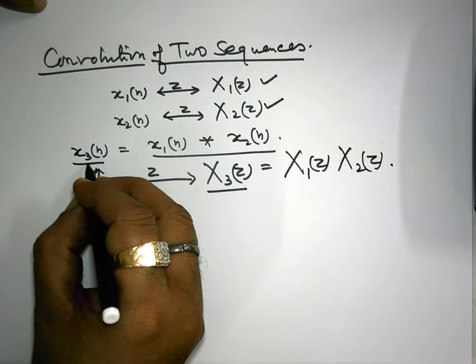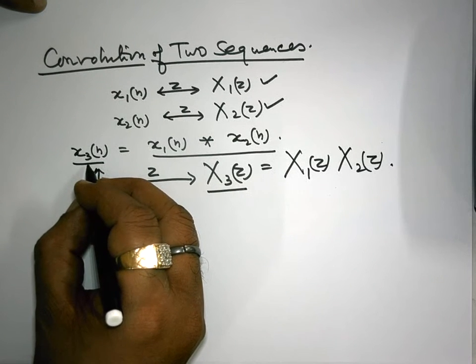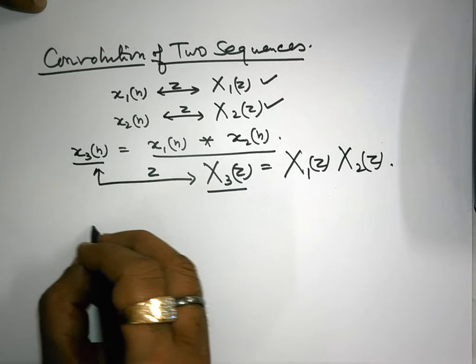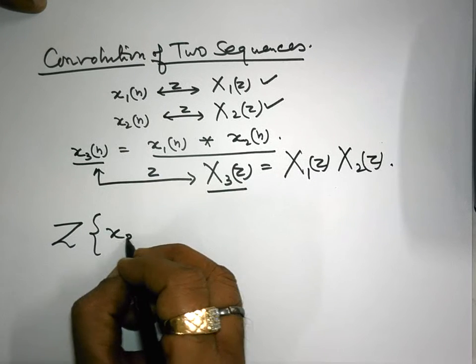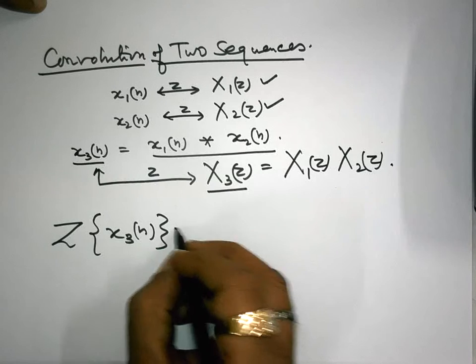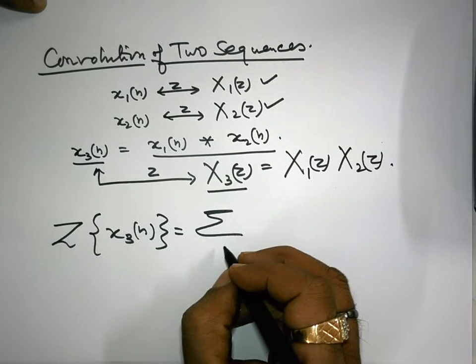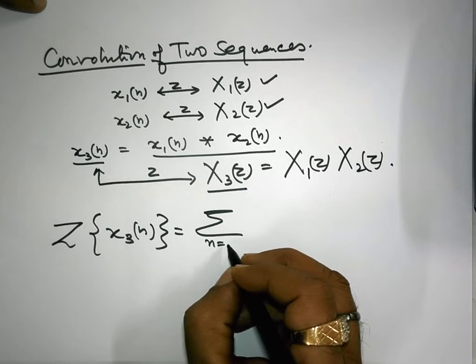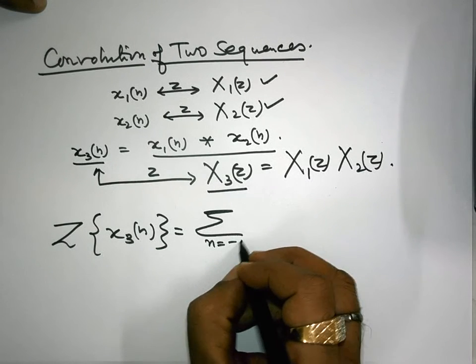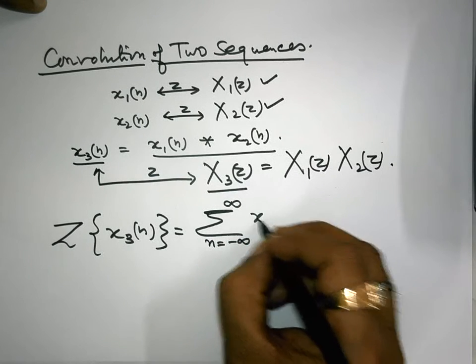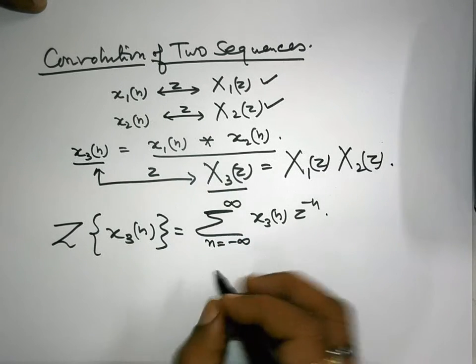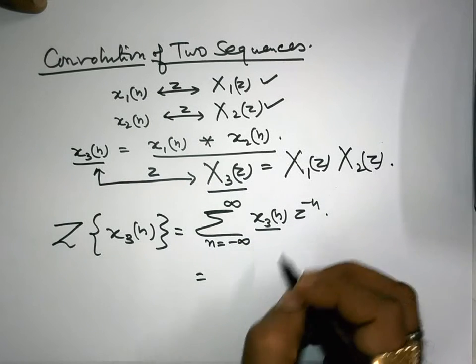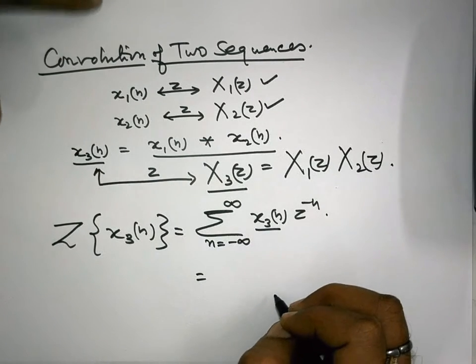For the evaluation of the Z transform of x3[n], we use the defining relationship: summation n equals minus infinity to infinity of x3[n] z to the power minus n. And what is x3[n]? It is the convolution of x1[n] and x2[n].